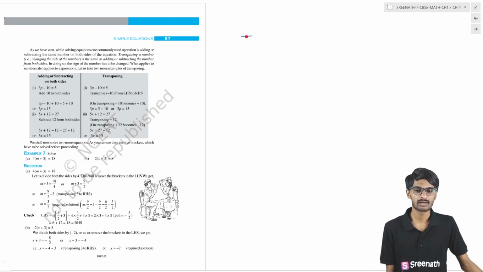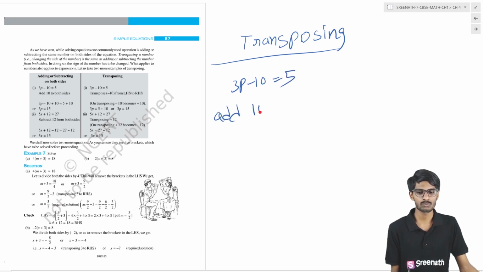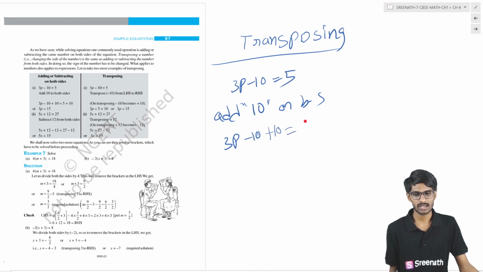Here there is one more thing, that is transposing. In the example 3p minus 10 equal to 2, what will we do? Add 10 on both sides. Then 3p minus 10 plus 10, that is equal to 5 plus 10.